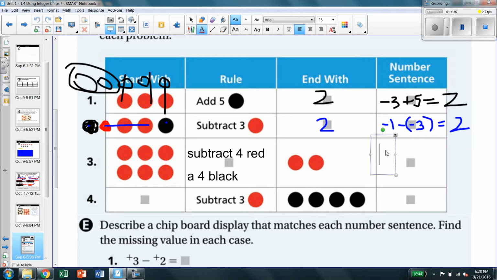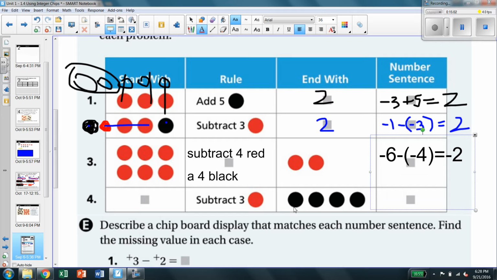2 different ways to think about that. So our statement, I'm going to type this one out, could be negative 6 minus negative 4 equals negative 2.